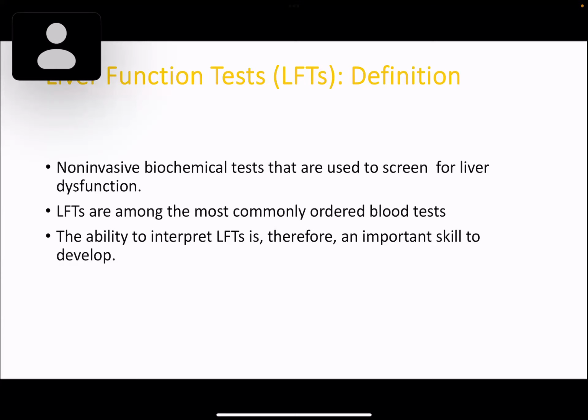So the skill of interpretation of liver function tests is mandatory for practicing physicians as well as for medical students. Okay, next slide.